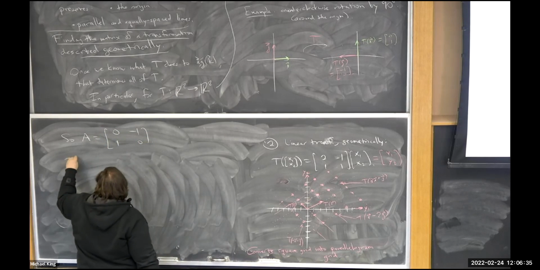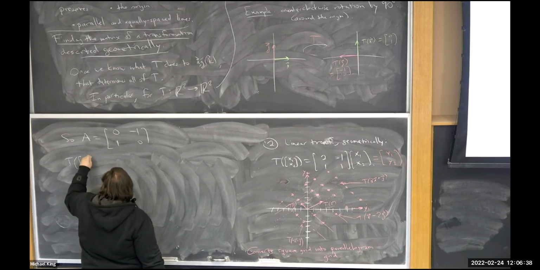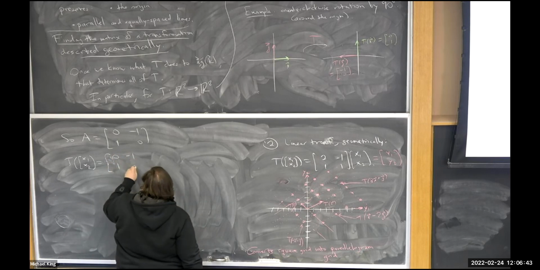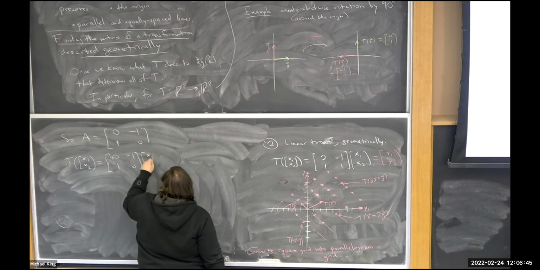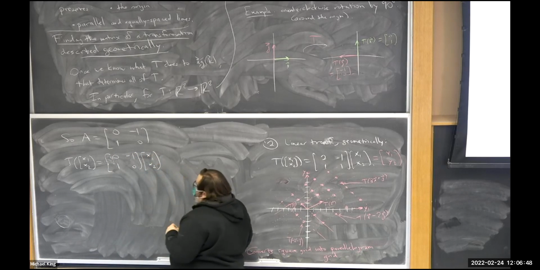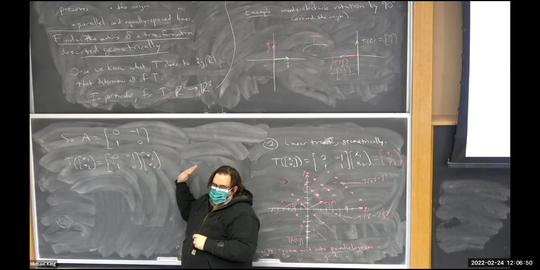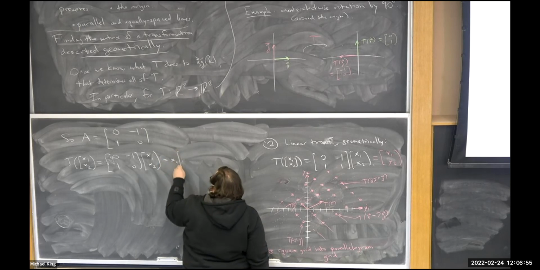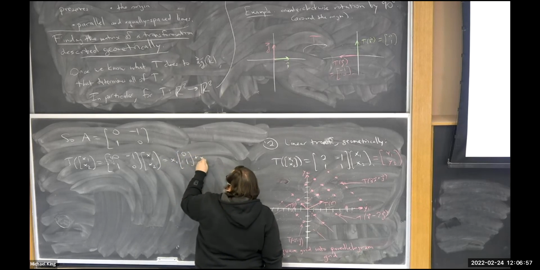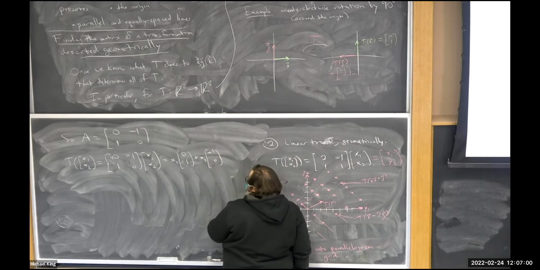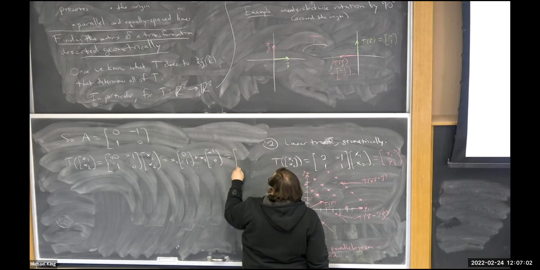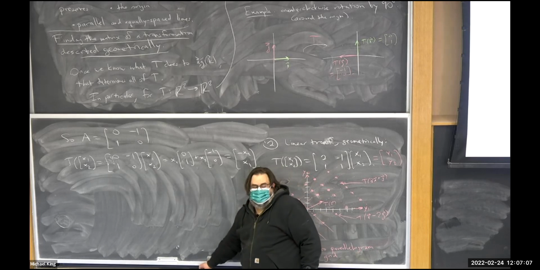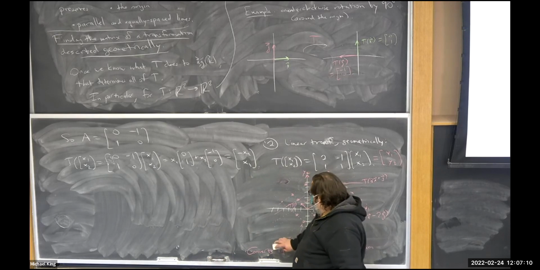And then T of (x1, x2) equals this matrix times (x1, x2), which you can do with the row dot column way, or as x1 times the first column plus x2 times the second column. That becomes (-x2, x1), right? And so now you actually have a formula for rotation by 90 degrees.